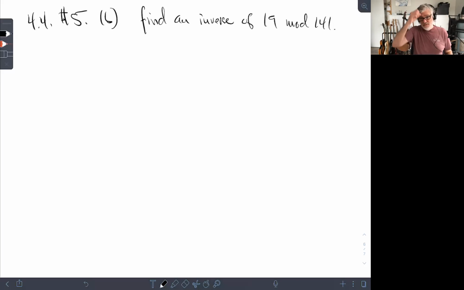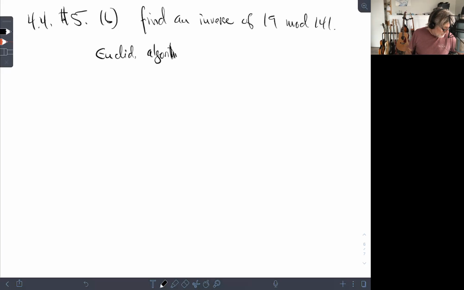These numbers are big enough that I'll have to use the Euclidean algorithm. So 141, I divide by 19. Oh boy. Does 7 fit?